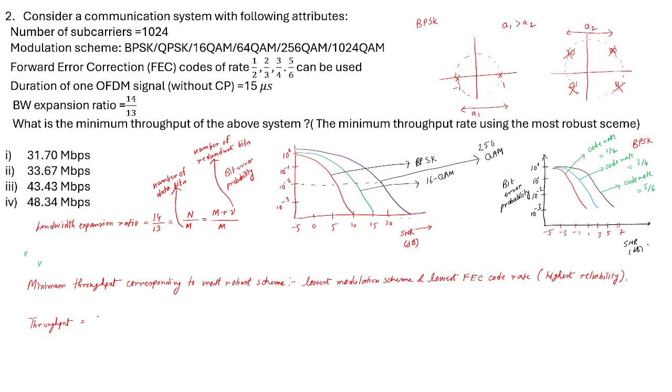So for calculation of throughput, you first consider number of subcarriers, because each of them is going to contribute in this entire throughput calculation. Now whatever you are writing holds for one subcarrier.